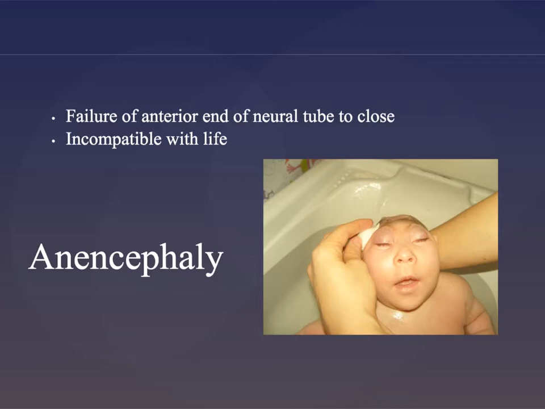This occurs when you're having a failure of that anterior end of the neurotube to close. Anencephaly is considered incompatible with life. You can see this when the child is developing on ultrasound. So this should not be a surprise to the family.